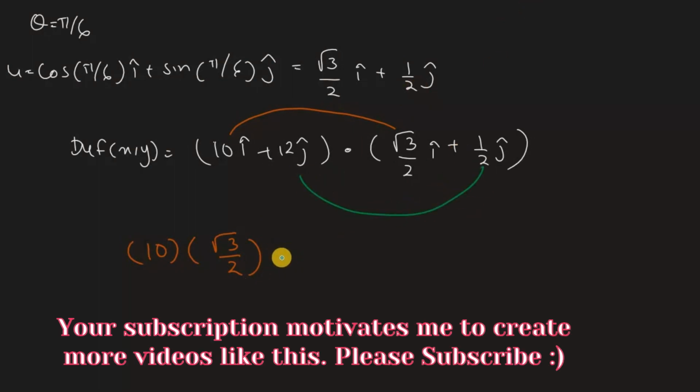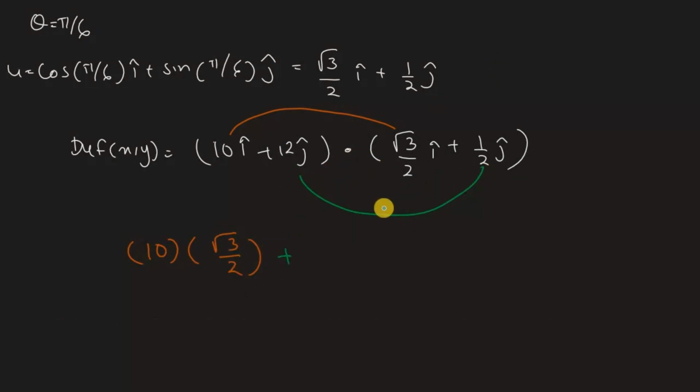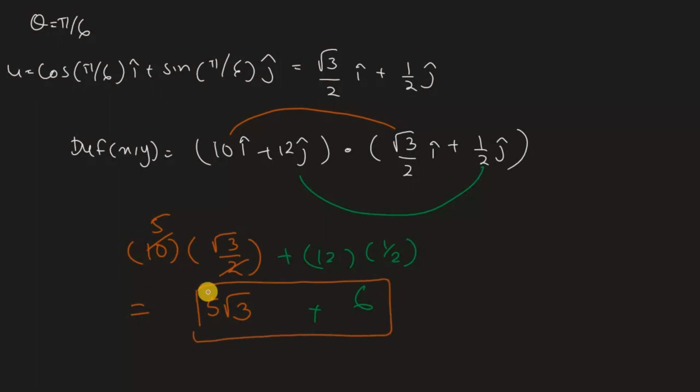And then this times this, and then plus. And when computing the dot product, there's no i hat and j hat, so you don't have to worry about it. So then 12 times a half. What's 12 times a half? That's 6. And this is going to give us 5 square root of 3 plus 6. So that is the final answer. This is my directional derivative.